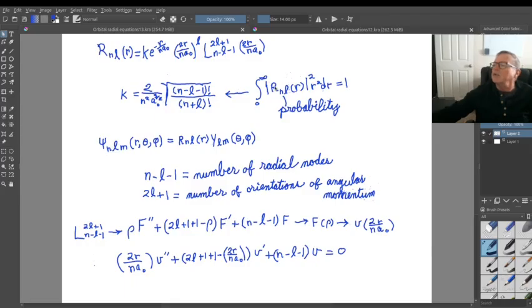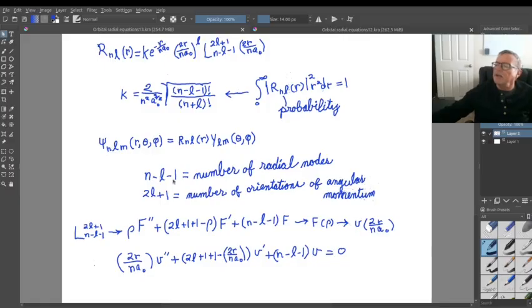The magnitude of the function squared times r squared dr, integral from 0 to infinity, has to be equal to 1, because the total probabilities of all the possibilities have to equal 1. Should be satisfying to you right now.